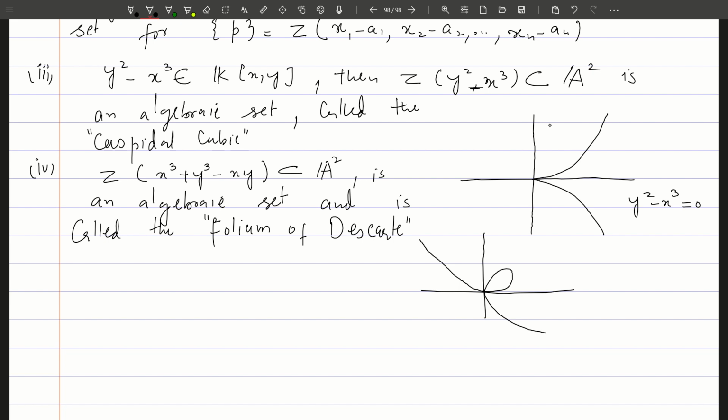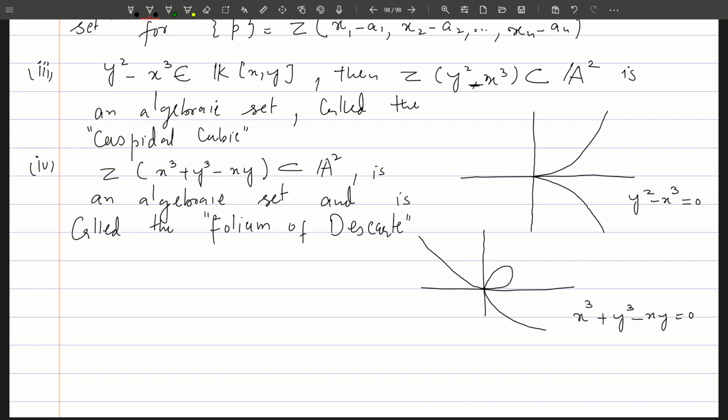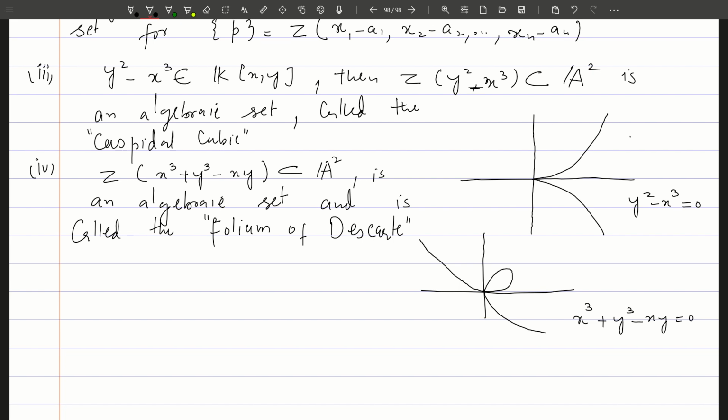The polynomial equation for this curve is x cubed plus y cubed minus xy equals 0.